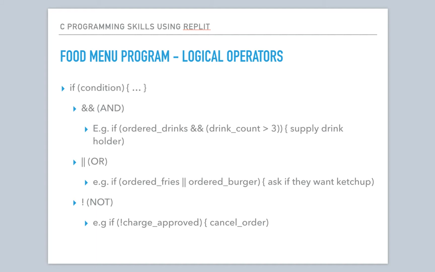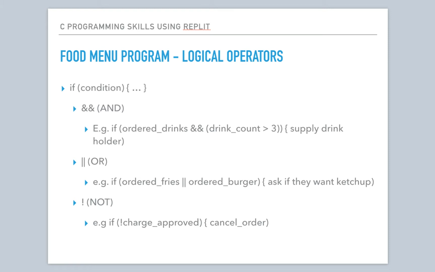And then you have the or condition. The or condition, these are the 2 vertical bars, and then it checks the or condition, meaning the example I give here, if you ordered fries or you ordered a burger. So if you ordered fries or you ordered burgers, perhaps you'll ask if the user wants ketchup, for example.